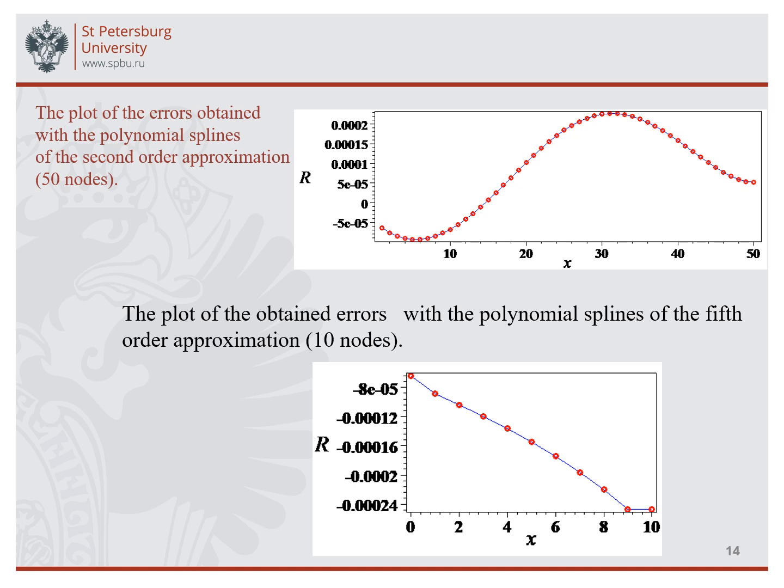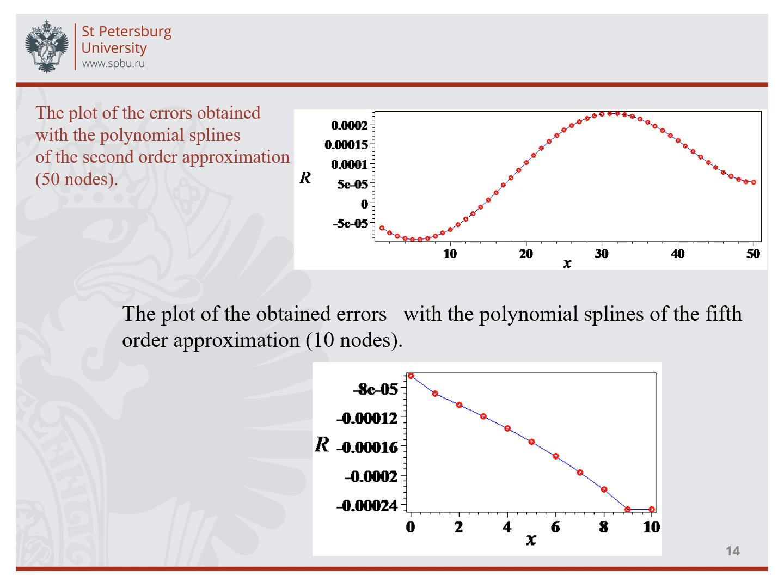This slide shows us the plot of the error of the solution obtained with the polynomial splines of the second order approximation when we used 50 nodes, and the plot of the errors when we used the polynomial splines of the fifth order approximation when we used 10 nodes.